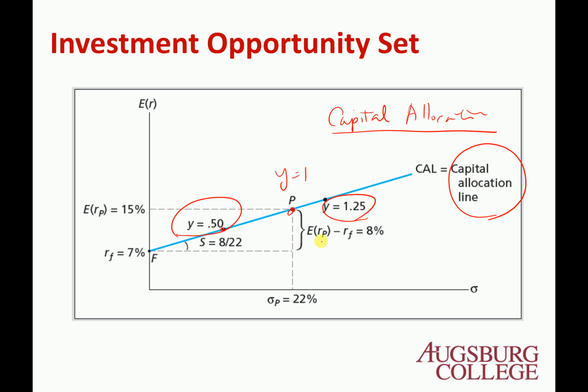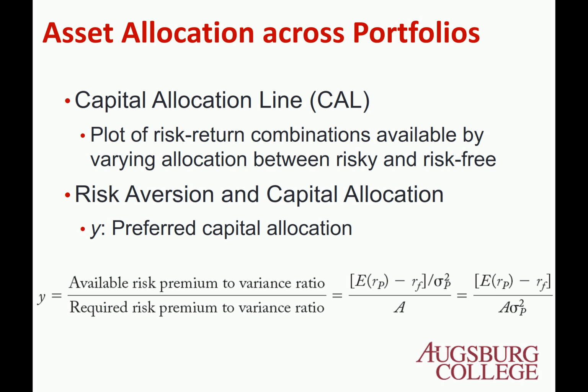And this amount is the risk premium. So the risk premium changes based on your position, right? Now the capital allocation line is the plot of risk-return combinations, right?